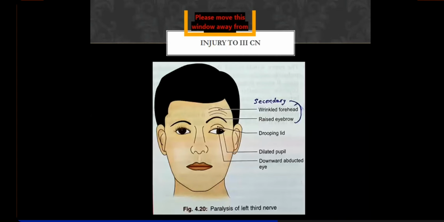If it's injury of oculomotor nerve, how will the patient present? Oculomotor nerve injury, what I'm talking about is lower motor neurons, right? So it innervates 5 muscles, remember.